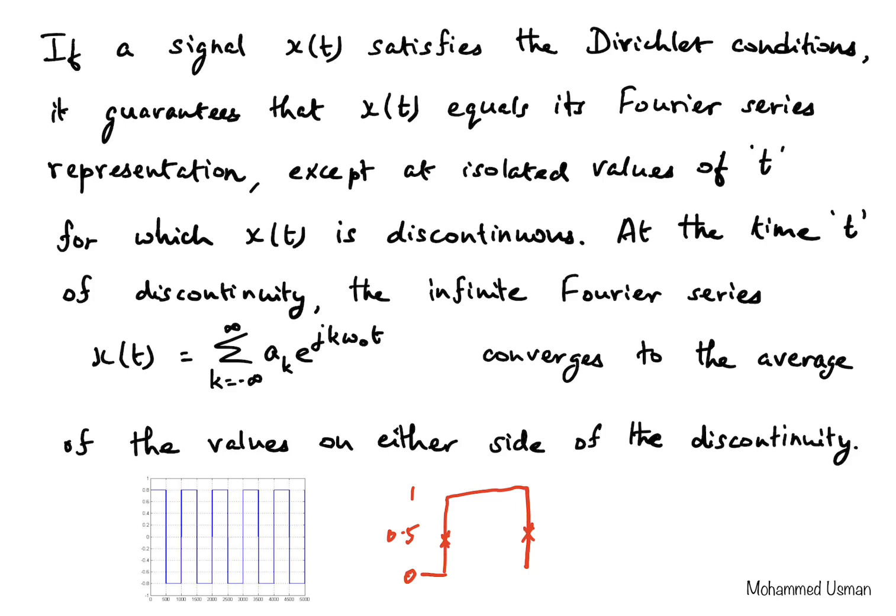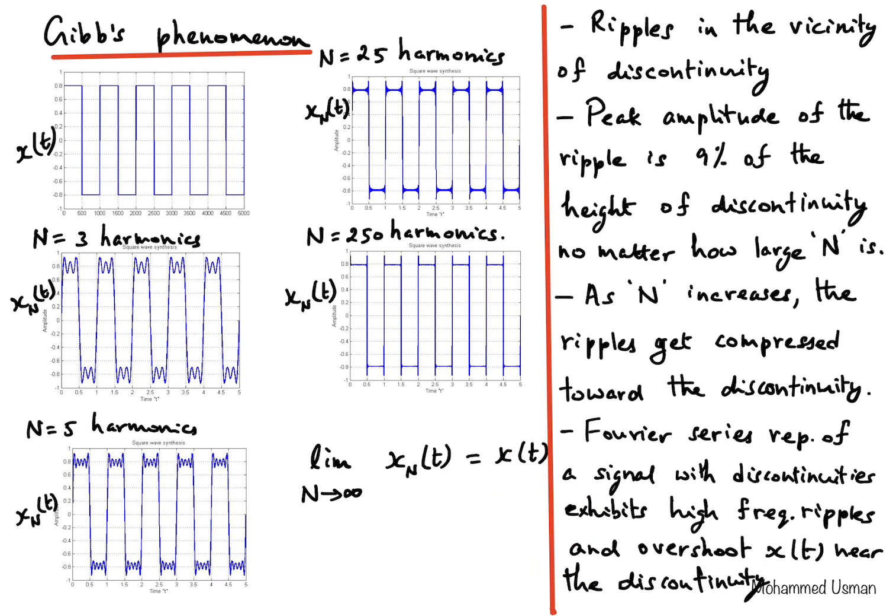Now, let us look in more detail at what happens when we try to represent a periodic signal which has discontinuities, like this square waveform, in terms of the Fourier series. This is something which we have seen also in the previous lecture, where we tried to synthesize the square waveform by adding sinusoidal waveforms, that is by summing up the Fourier series terms.